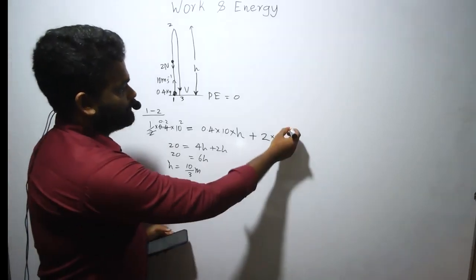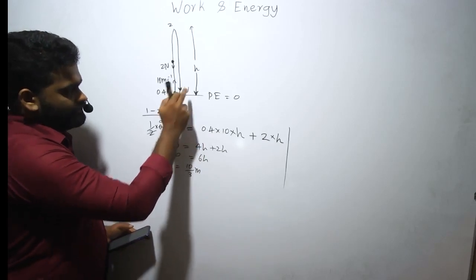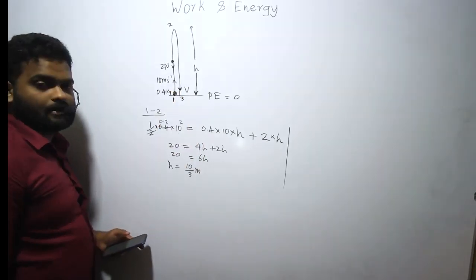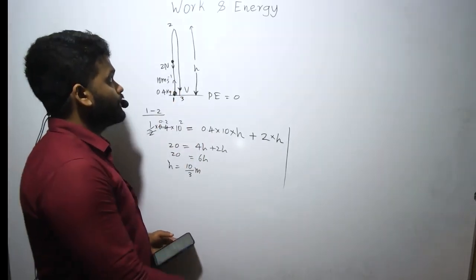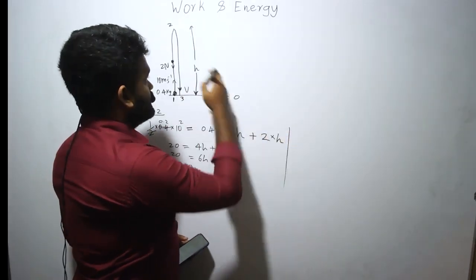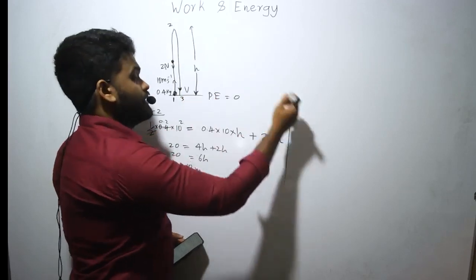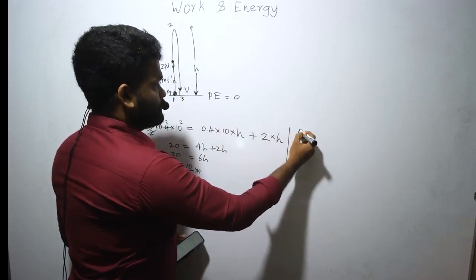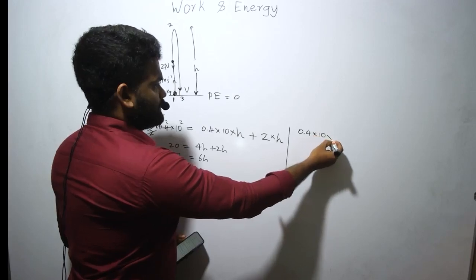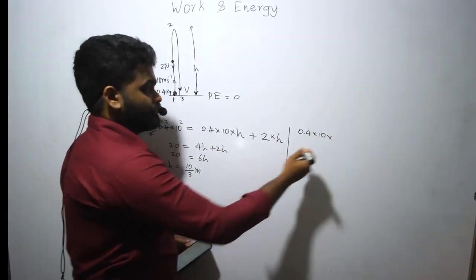Okay. So what they ask is this V. Again we have to apply energy conservation. Let's say energy here is mgh, which stands for 0.4 times 10 times 10 over 3.